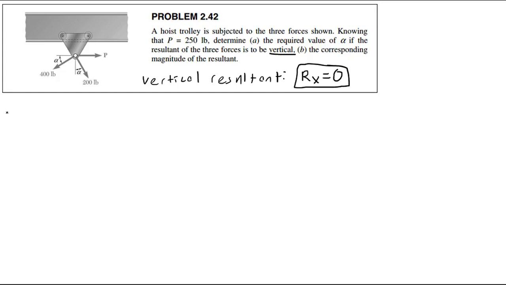Okay, so I'm going to start with the equation. Rx equals, let me just call these F1, F2, and screw P, I'm just going to call this F3.